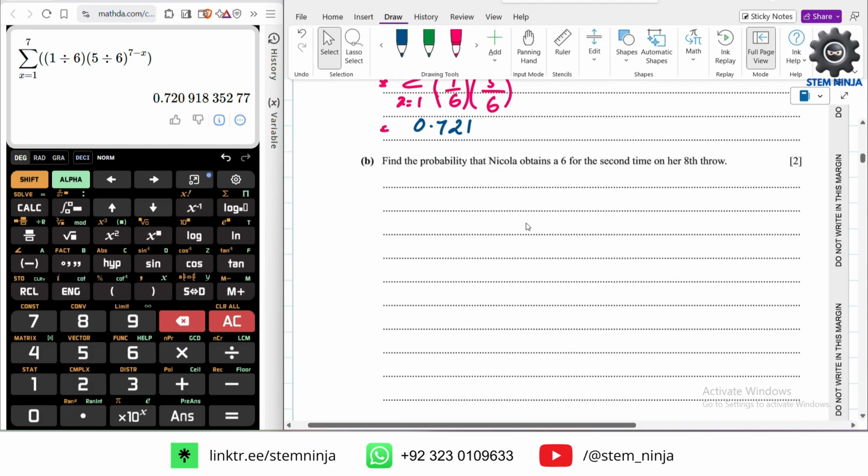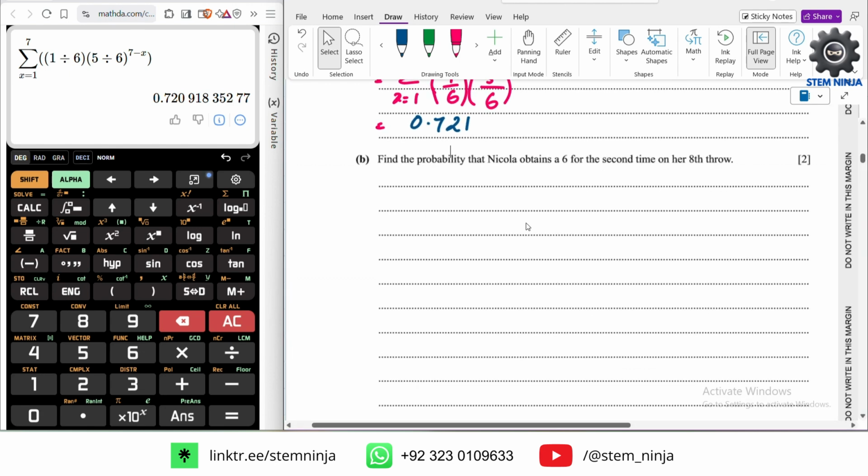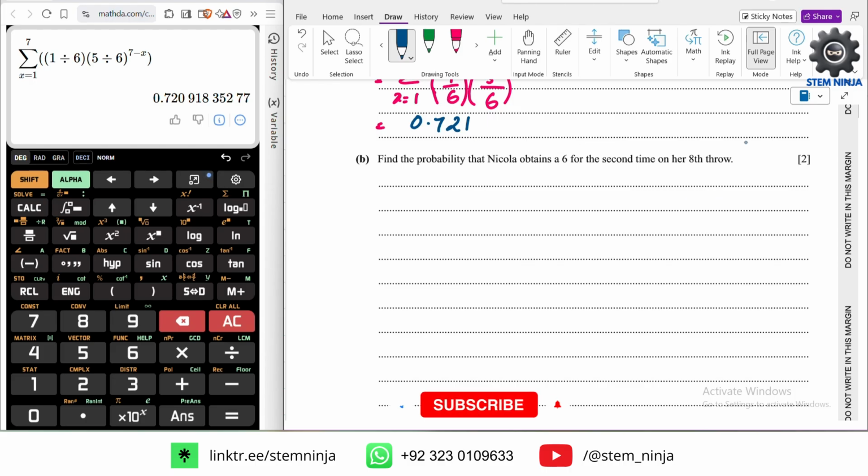Find the probability that Nicola obtains a 6 for the second time on her 8th throw. Right, okay. So that means the 8th throw is definitely a 6, but which throw before that, from 1 to 7, was the first one? That's a mystery. So 1, 2, 3, 4, 5, 6, 7, 8.